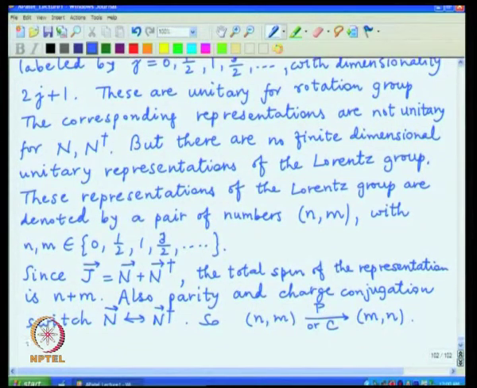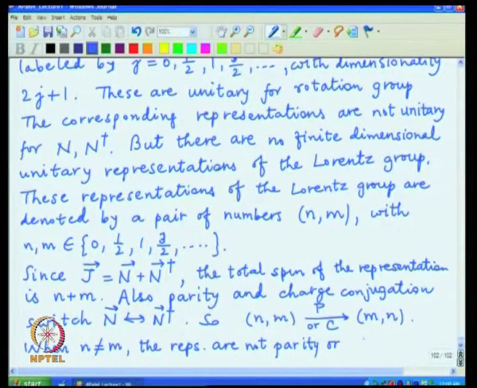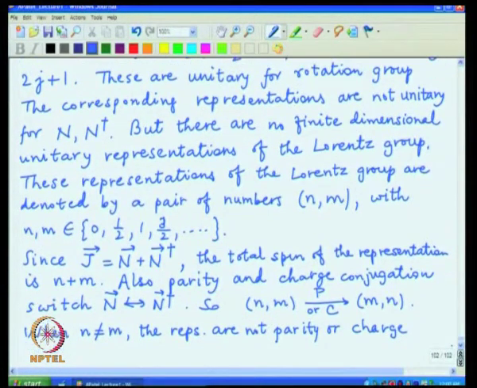So, when N is not equal to M, the representations are not parity or charge conjugation eigenstates.